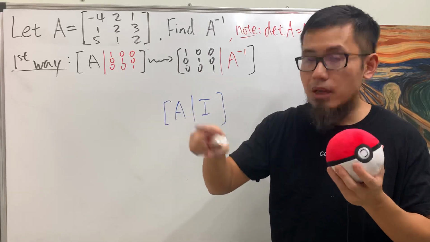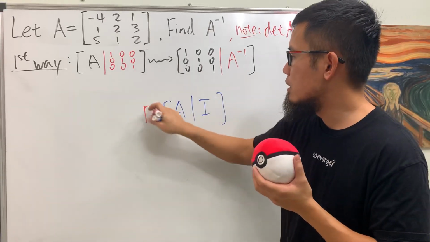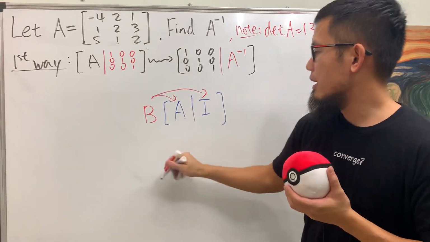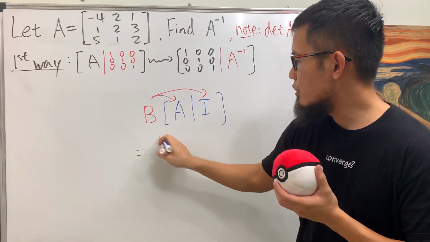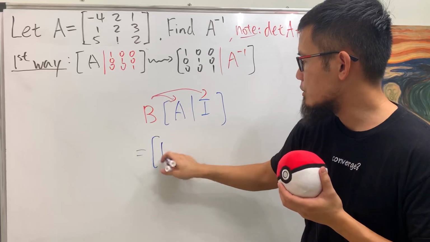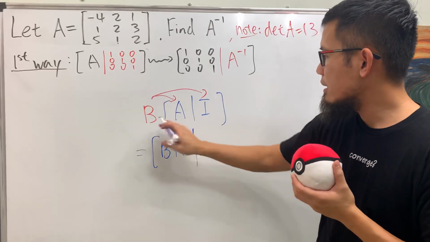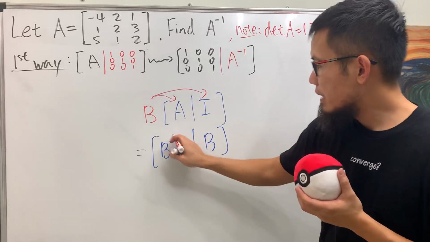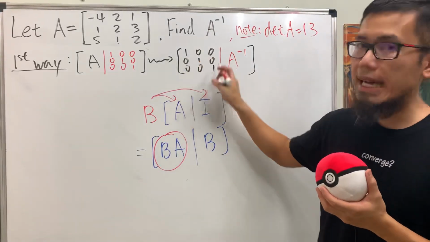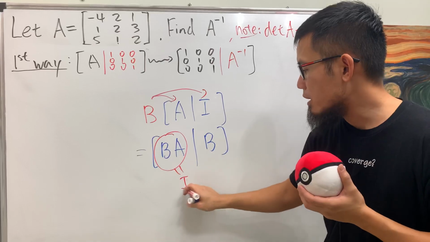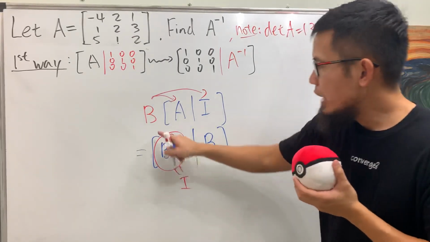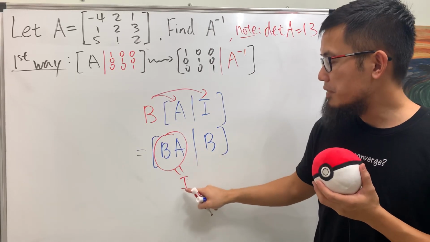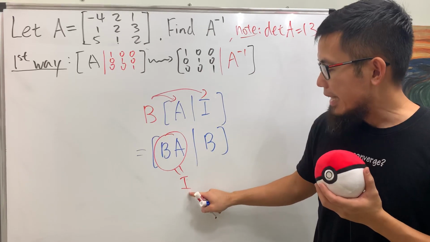When you multiply them, I'm just going to call that to be B, right? And then let's just go ahead and multiply this in. And you see, this right here is just going to be B times A. And I'm just put this down right here. And then this right here is just going to be B. Now, if this portion turns out to be the identity, what does that mean? You see, we have found a matrix B so that when you multiply with A, it gives us the identity.